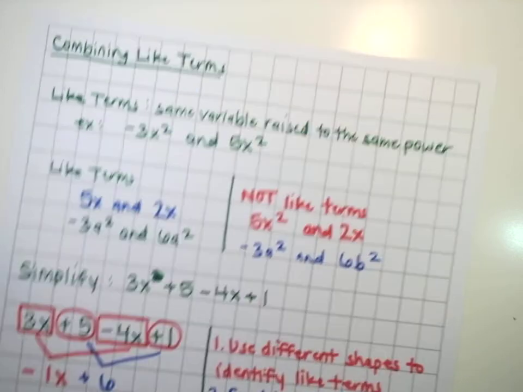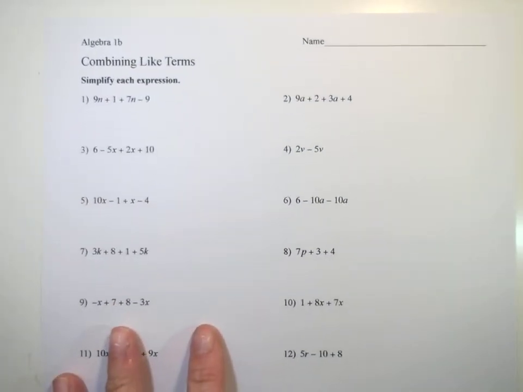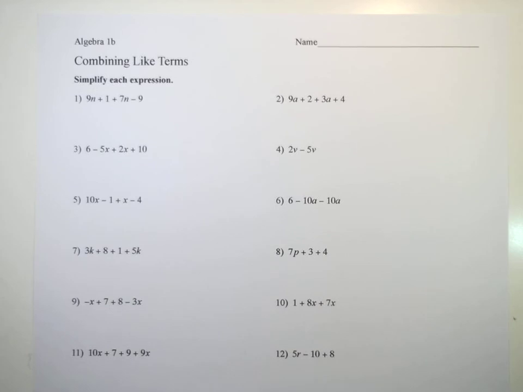Okay, let's go ahead and look at your assignment on combining like terms. Make sure to just follow the very simple steps that I gave you in the notes. So step 1 is to use different shapes to identify like terms.